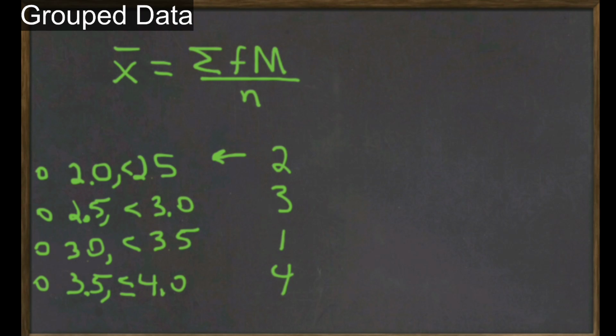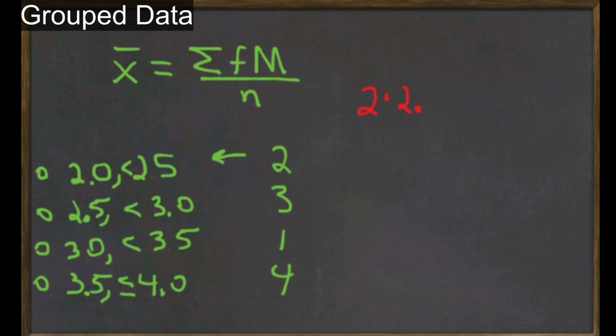So how do we go about calculating this? I'm just going to switch colors so it stands out a little bit more. The way we do this is we're going to follow this formula up above. So we're going to rely on the frequencies, and so the frequency times the midpoint. We're going to use the midpoint of each group.